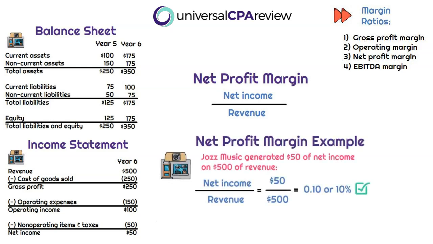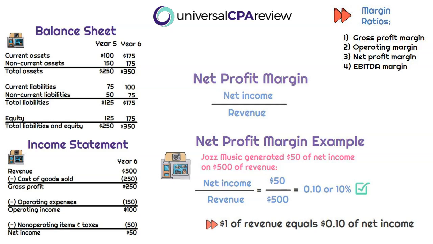Looking at our example, and it's coming directly from the income statement, we take that net income of $50 divided into revenue of 500, and that tells us that the net profit margin is 0.1 or 10%. So for every dollar of revenue, the company's only earning net income of 10 cents on the dollar. Just like the other ones, investors want to see a net profit margin that's at least stable, but hopefully increasing from the prior year to the current year.